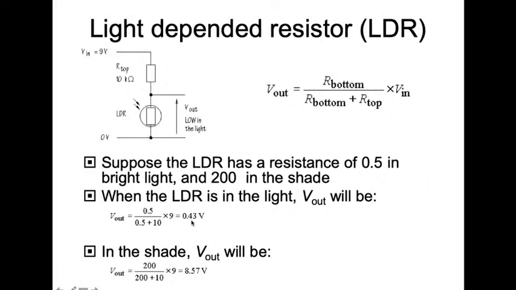It's going to be small because the bottom is the light dependent resistor. So if you have a small bottom resistance, then we're going to have a small voltage, right? Those are directly proportional. And if you have a really big one, then we're going to have an increased output voltage. So when it's shady, we have a high output voltage, and that's why you can often have these turn on lights when it's dark out.